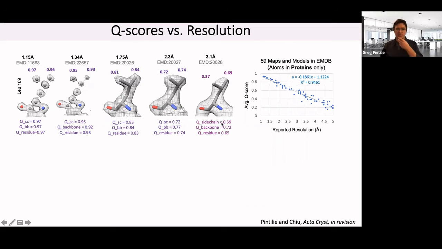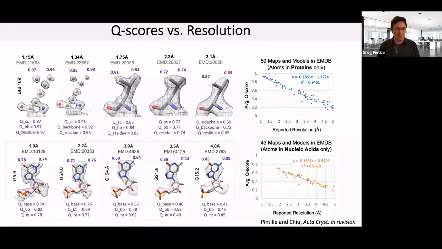This is also a usual trend, that as we get to lower resolutions, the side chains start to disappear first, and the backbone tends to be a bit more visible. We can also apply this to RNA. It doesn't really matter what type of molecule the atom comes from.